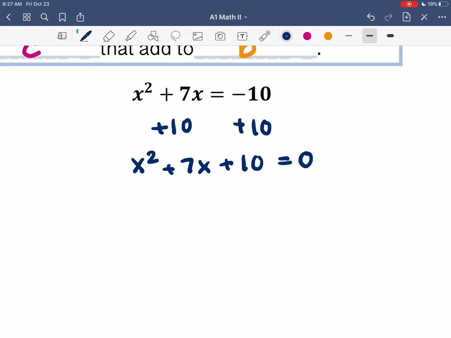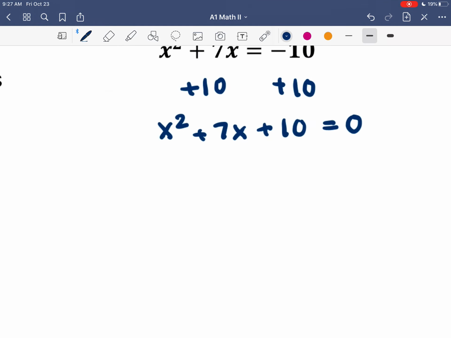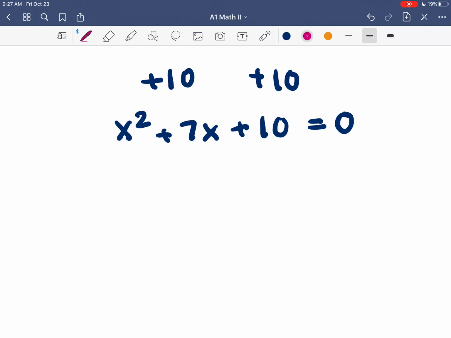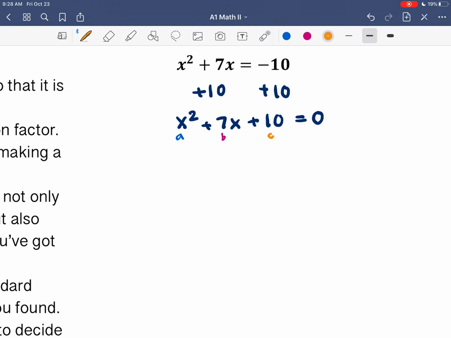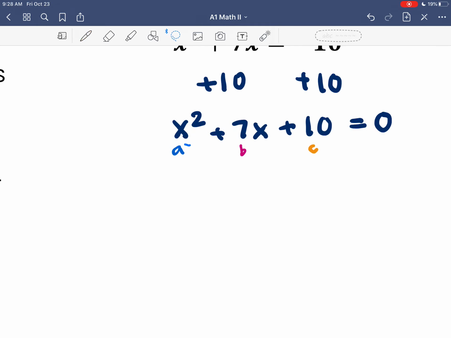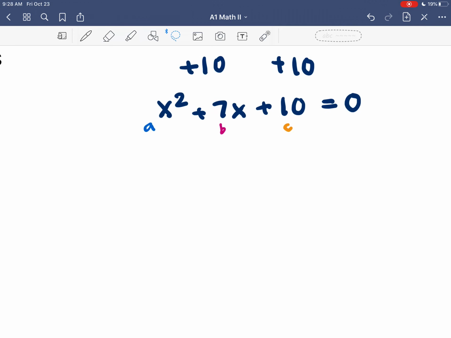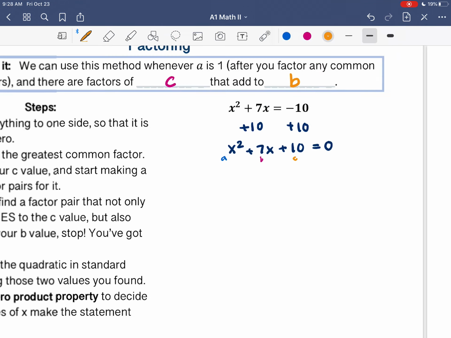We have an a, b, and c term. This is a, this is our b term and our c term. I'm going to still use those three names to talk about these terms because they're useful and we're familiar with them.